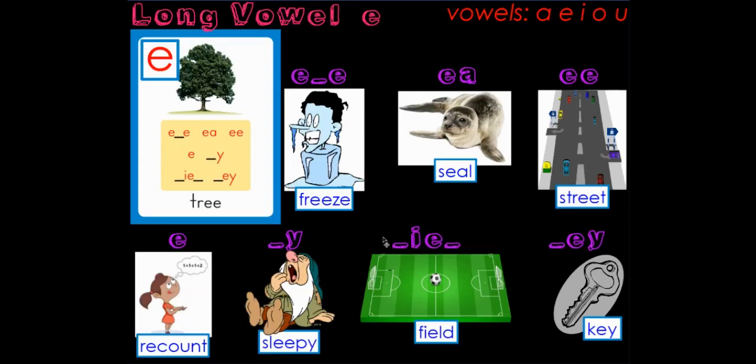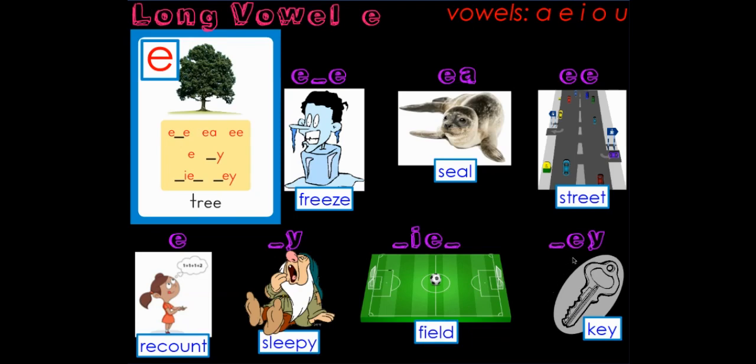Our next letter pattern that makes the long E sound is IE, like this word, field. In our example, we have a picture of a soccer field. The long E spelling pattern, IE, is never found at the beginning of a word.